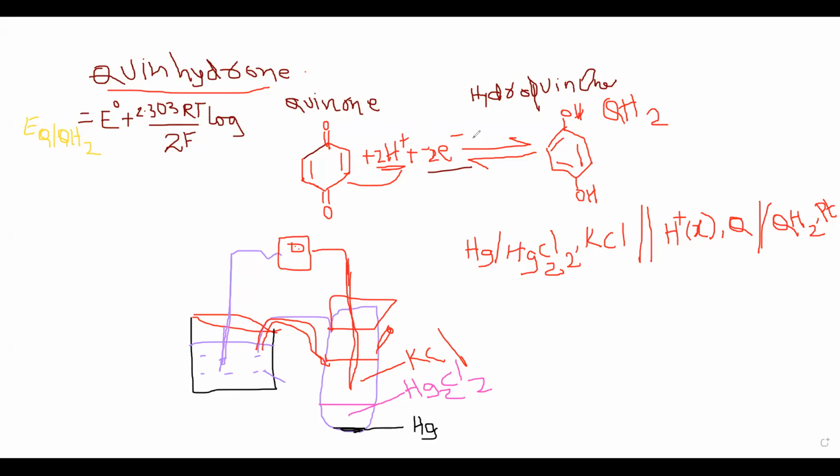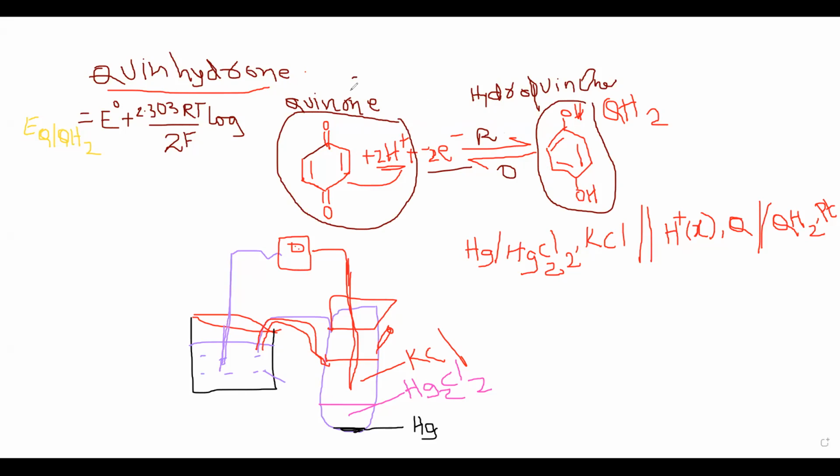What is the reaction? The forward reaction is reduction and the backward reaction is oxidation. Here in the forward reaction, the reduction, we are adding electrons, so it is the reduced form. These two are known as the oxidized form. Am I correct or not? If correct, type 1 at least.